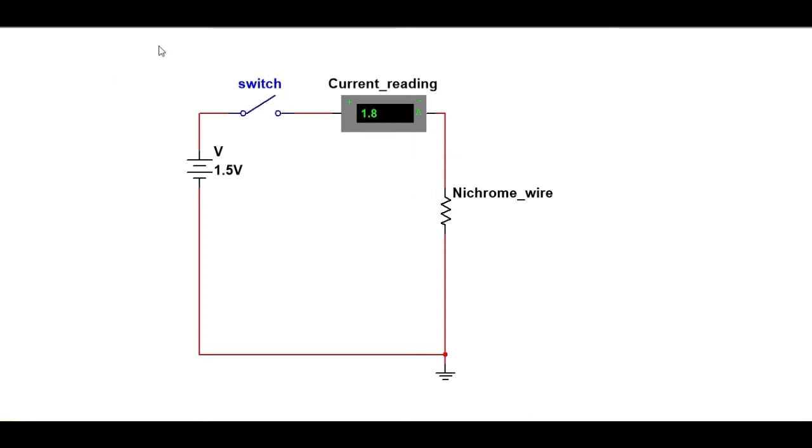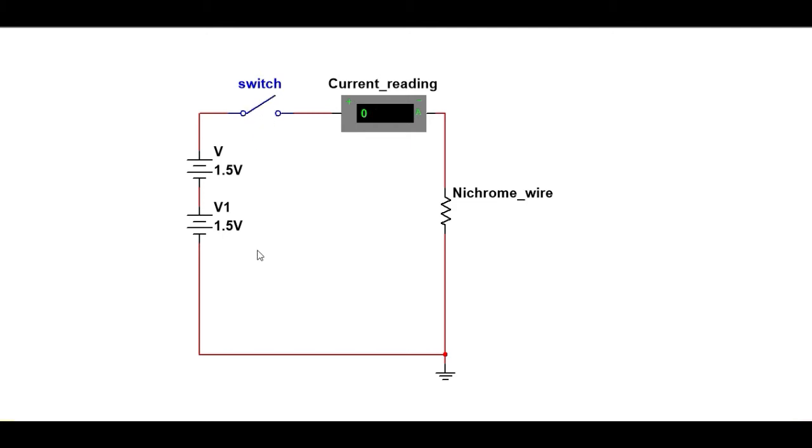As we turn on the switch, we have a reading of 0.6 ampere of current passing through the circuit. If we add an additional battery cell, we would now have a 3 volt voltage source, since 1.5 plus 1.5 is 3 volts.